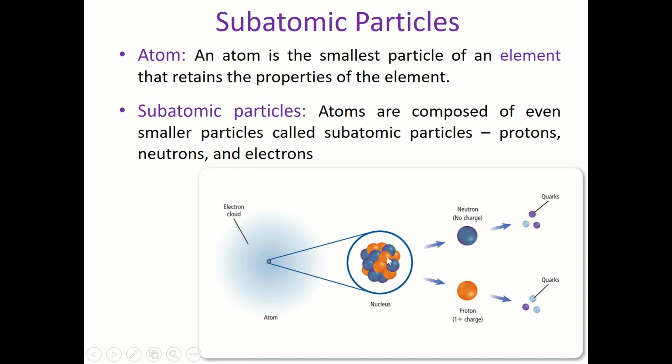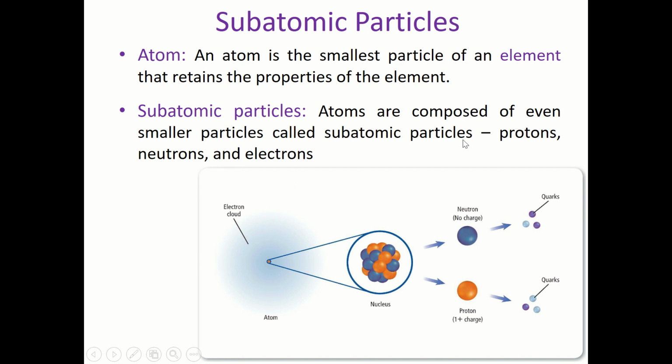The atom is made up of a nucleus at the middle, and then we have electrons that rotate around the nucleus. Now, what is inside the nucleus? We have protons and neutrons. The protons have positive charges and the neutrons have zero charge. And electrons rotate around the nucleus and have the negative charge.